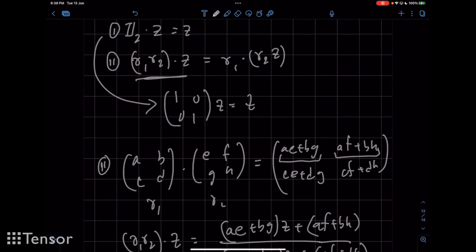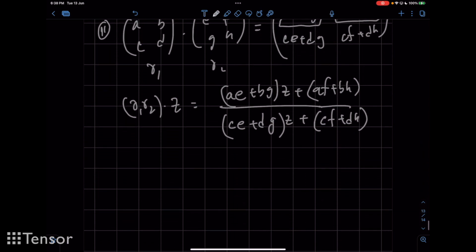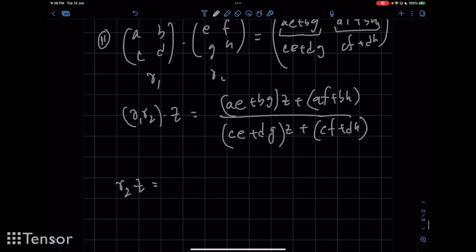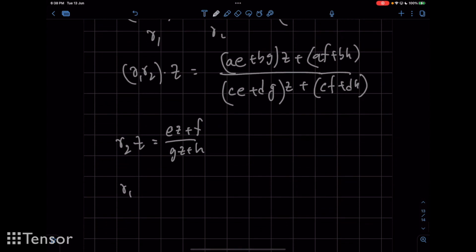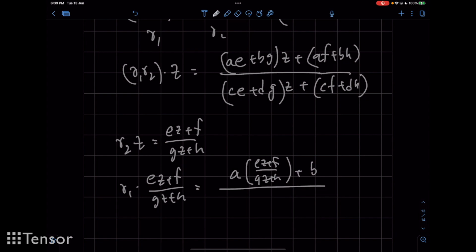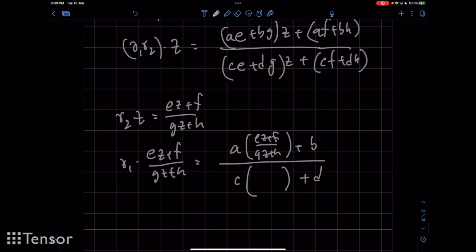Now we have to verify that the right hand side is equal to this one as well. What is gamma 2 acting on z? Gamma 2 acting on z is basically (Ez plus F)/(Gz plus H), right? And if gamma 1 acts on this element, then this is simply A times (Ez plus F)/(Gz plus H) plus B, over C times this thing plus D. Let me write it for clarity.